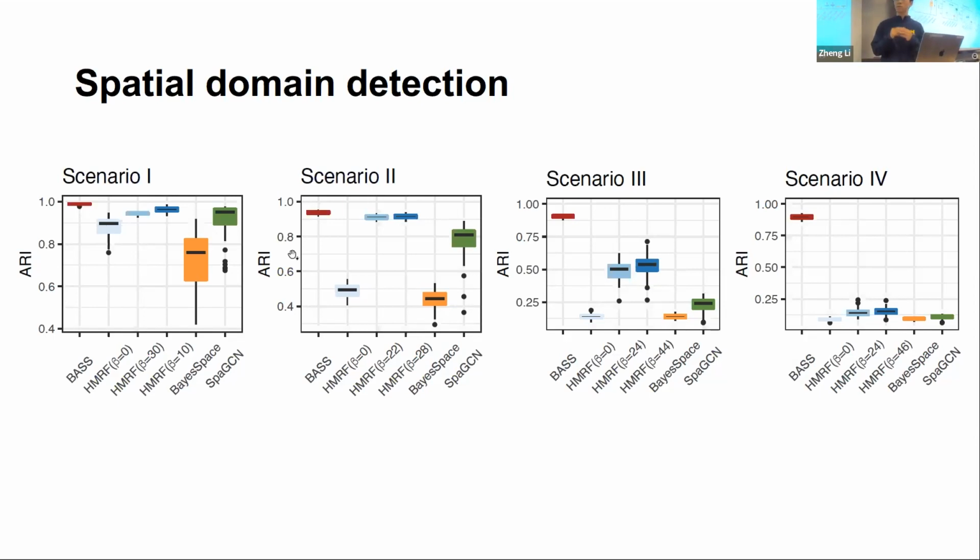This is because in these scenarios, the spatial distribution pattern of cell types is very strong, so each spatial domain is merely composed of just 1 cell type. So methods that directly model the spatial domain and don't consider the cell types can also have very good performance. However, when it comes to scenarios 3 and 4, where each spatial domain is composed of more different cell types, the performance of the other methods becomes worse.